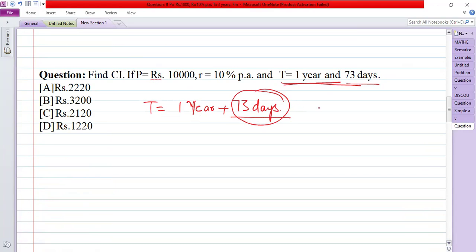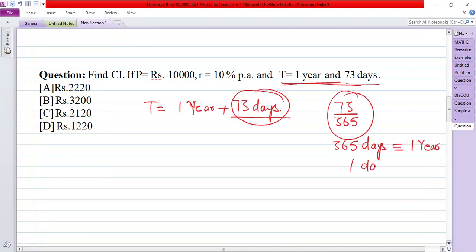So how to convert? Actually, we will simply divide the 73 days by 365 to convert it into years. Okay, because 365 days is equivalent to 1 year. So 1 day will be equivalent to 1 by 365 year.